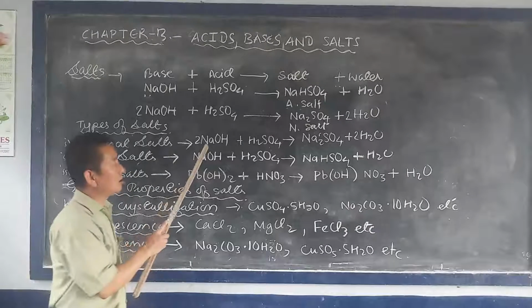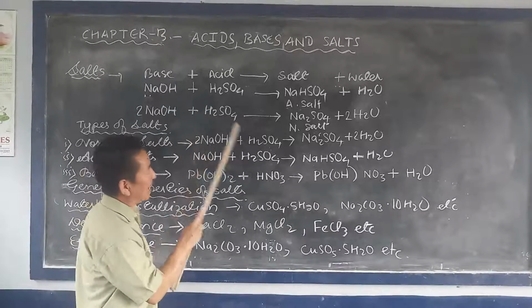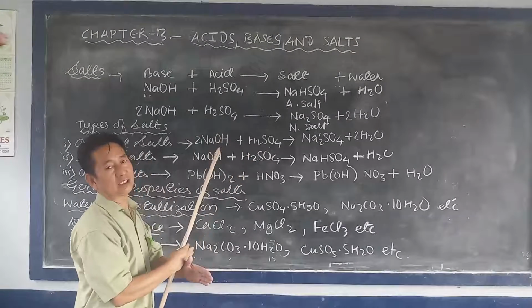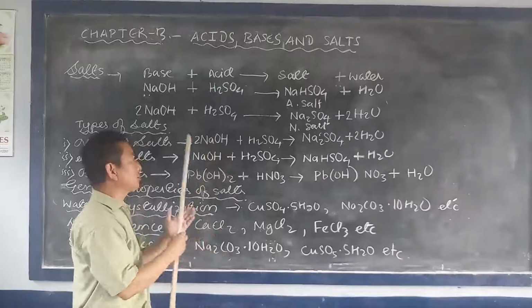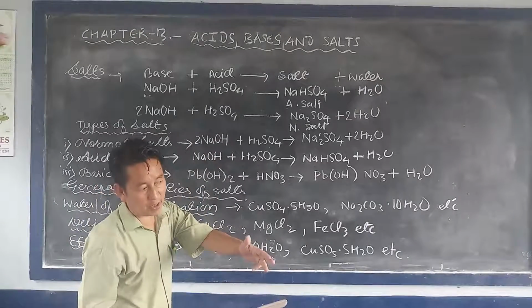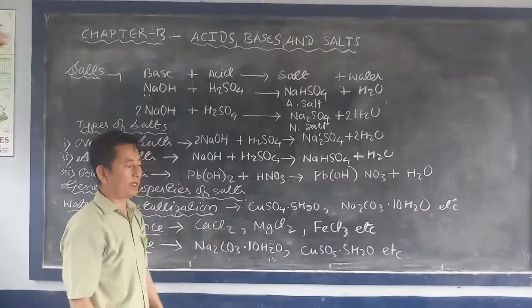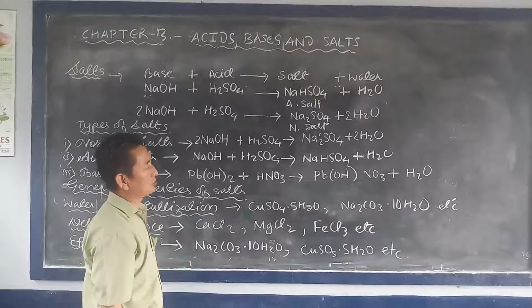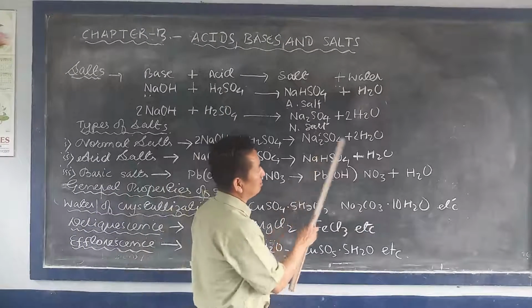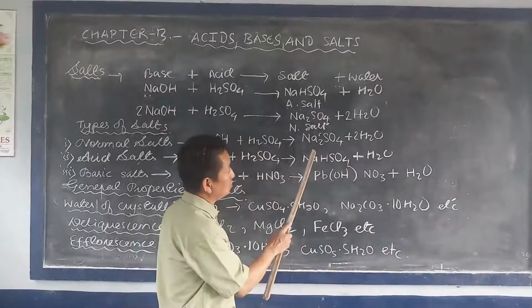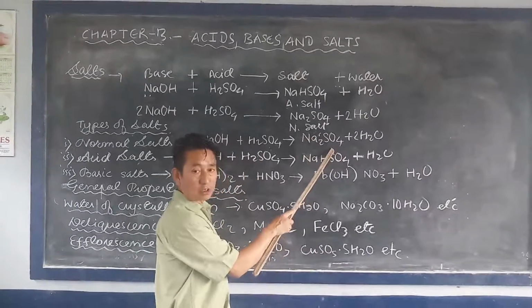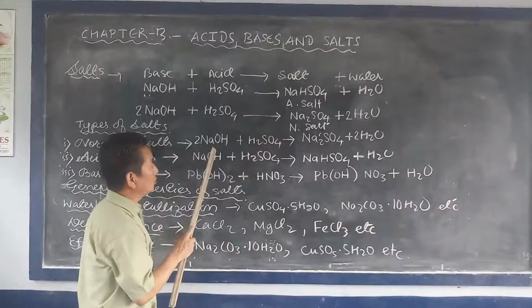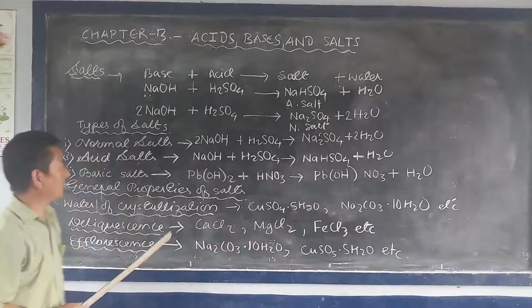As you can see here, sodium hydroxide reacts with sulfuric acid, and when they completely neutralize each other, it means sodium hydroxide destroys the properties of sulfuric acid and the acid destroys the properties of sodium hydroxide, and they give sodium sulfate and water molecule. Here sodium sulfate is a normal salt which is formed by the complete neutralization between sodium hydroxide and sulfuric acid.